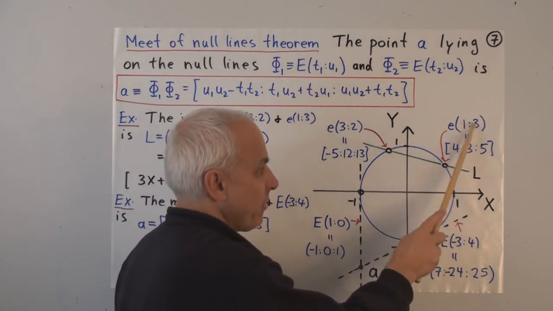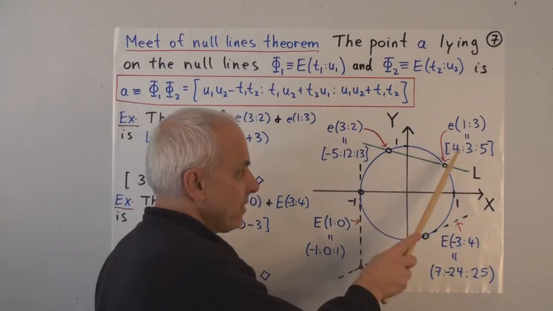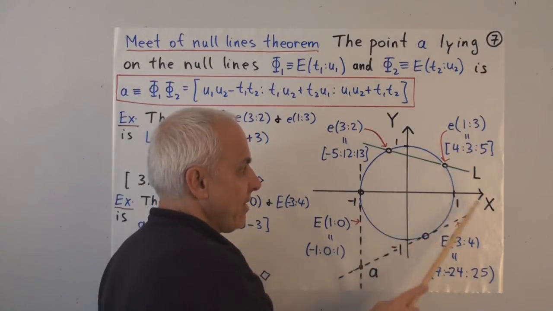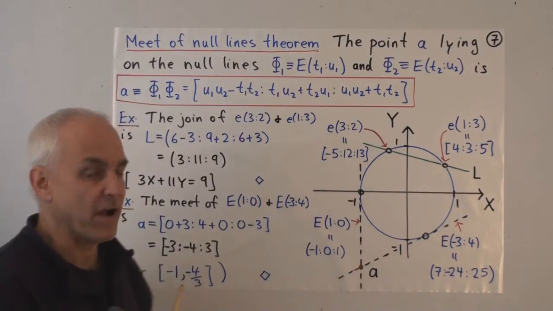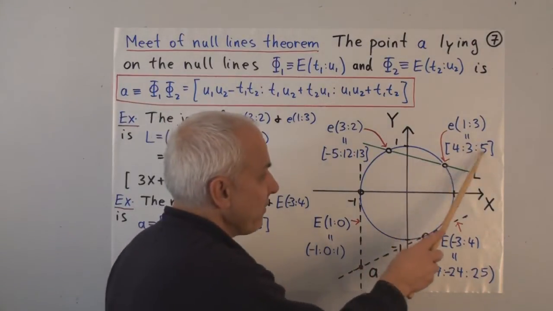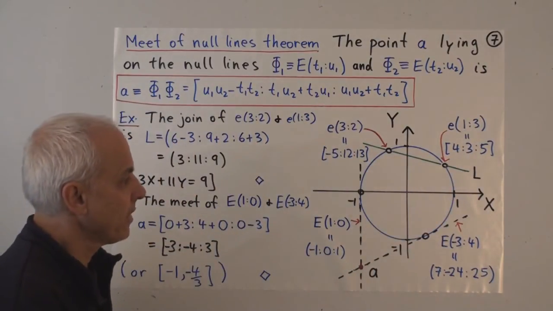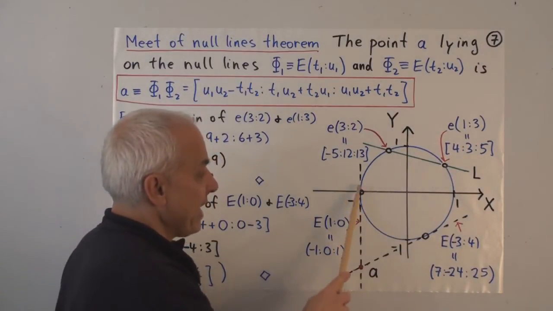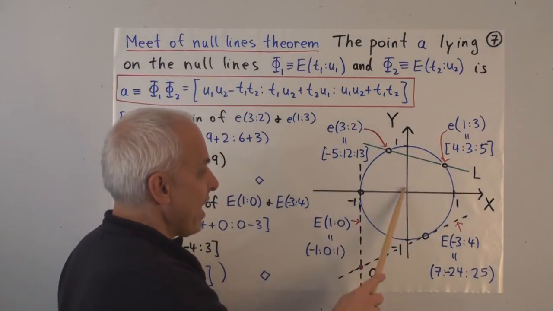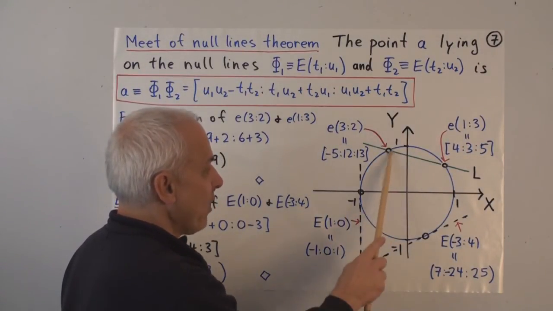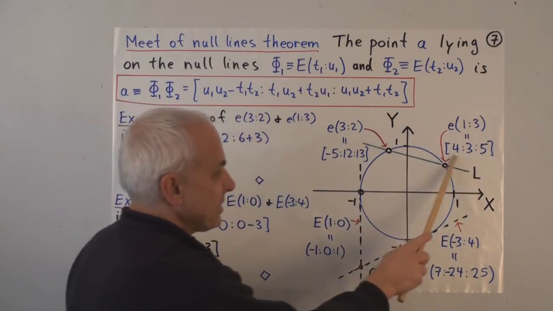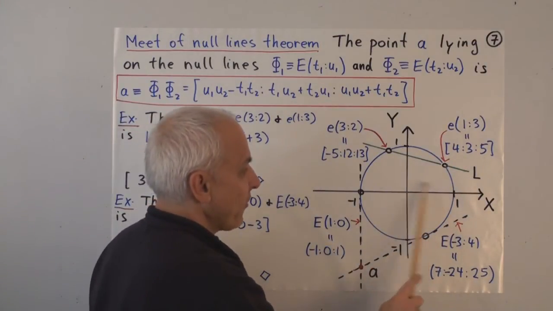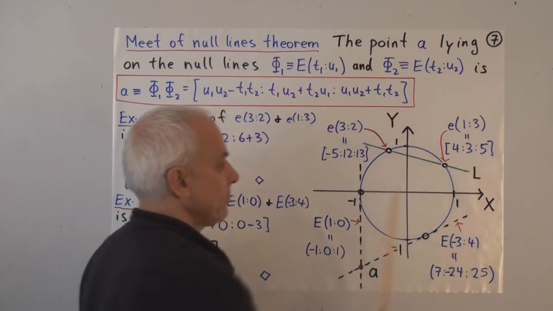And then 3 squared plus 1 squared is 10. So it's 8 to 6 to 10, and I've just divided by a common factor of 2 to get 4 to 3 to 5. This is the point that would usually in x and y coordinates be minus 5/13 and 12/13. And this is the point we would usually call 4/5, 3/5.